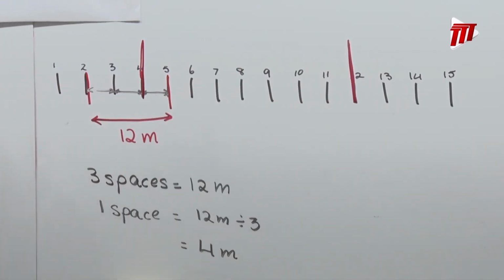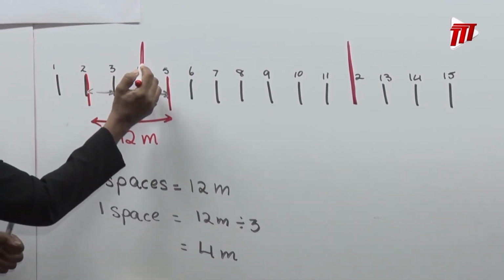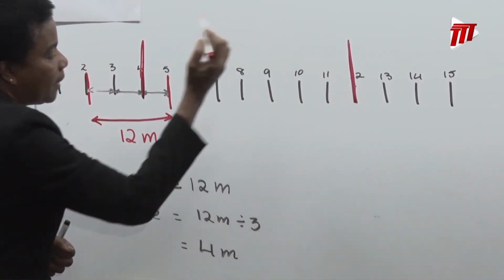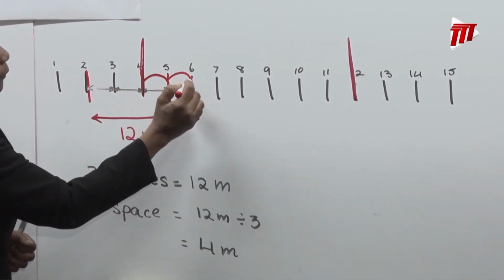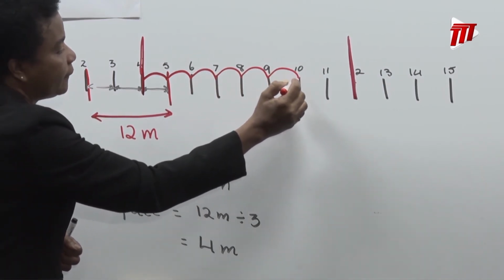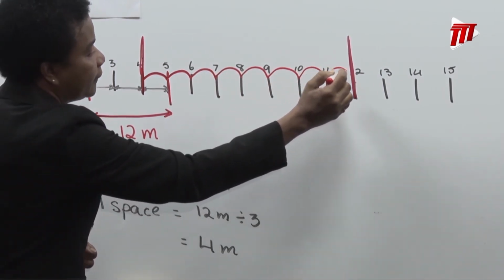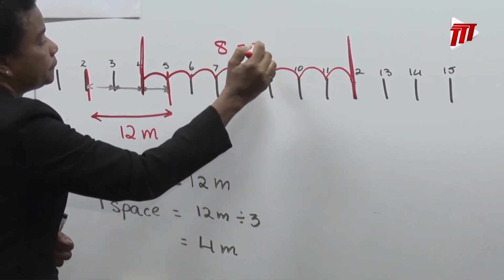So let's count how many spaces there are from our 4th marcher to our 12th marcher. Let's start. 1, 2, 3, 4, 5, 6, 7, 8. So there are 8 spaces.